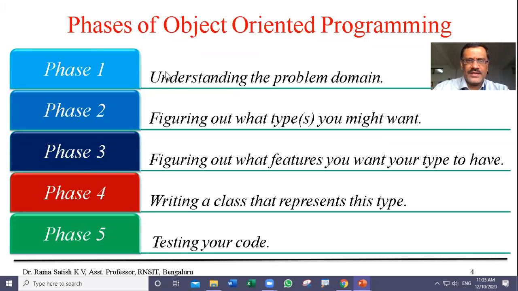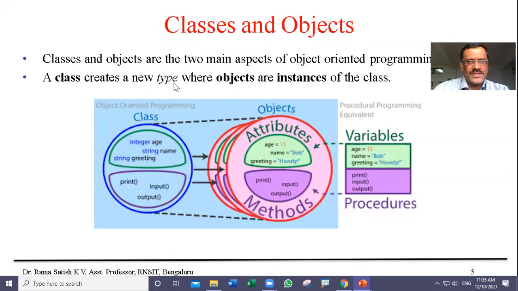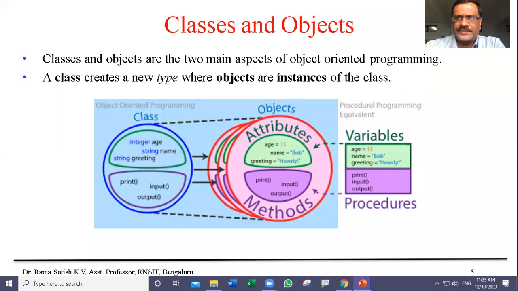Now, the same thing is explained here. Classes and objects are two main aspects of object-oriented programming. A class creates a new data type where the objects are instances.